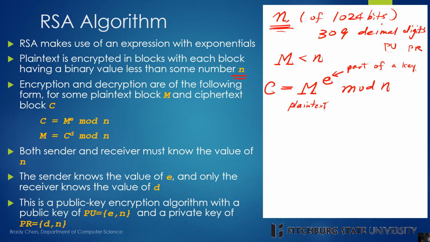That's for encryption. The decryption is very similar and also very simple. Suppose we have a ciphertext. The decryption performs a similar operation: we compute C to the D, modulo N. And D should be part of the other key.